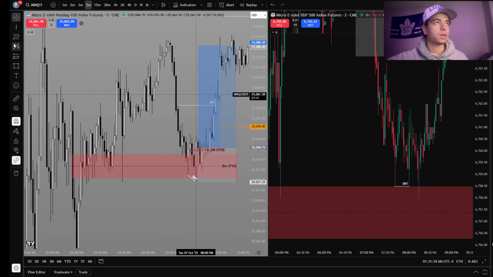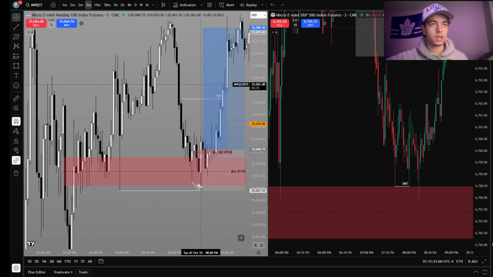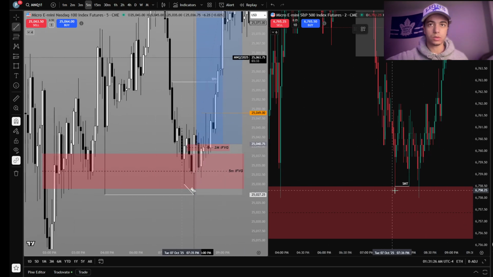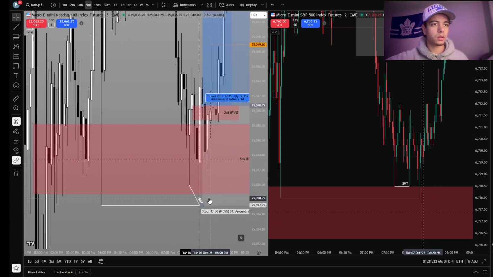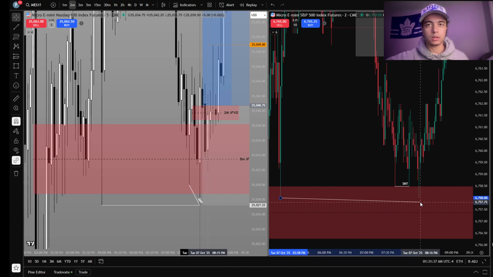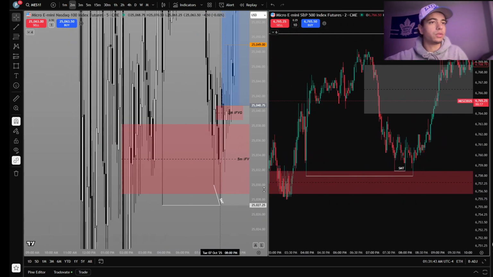We also did have a higher time frame SMT as well. A bit of a weaker one though, as it was equal lows. It looked like it was equal lows for both, so that wasn't really considered a full SMT there.